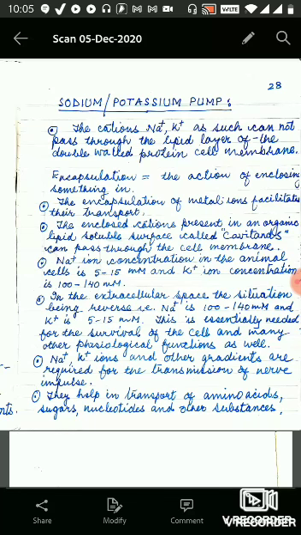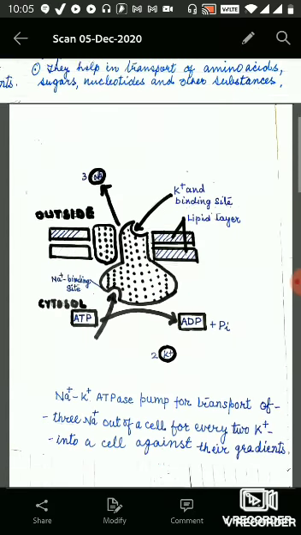This is essentially needed for the survival of the cell and many other physiological functions as well. Sodium potassium ion gradients are required for the transmission of nerve impulses. They help in transport of amino acids, sugars, nucleotides and other substances.